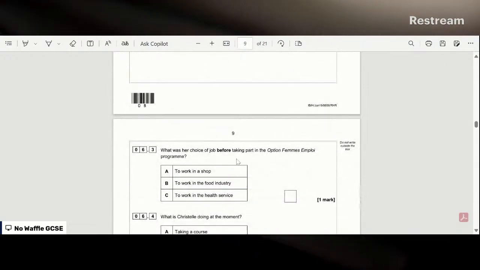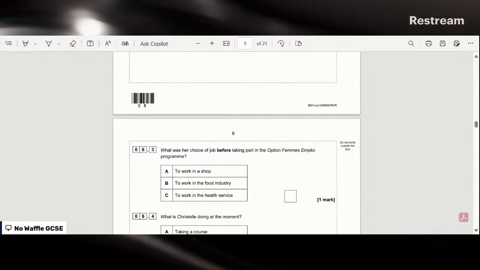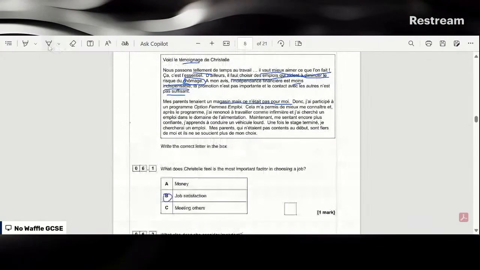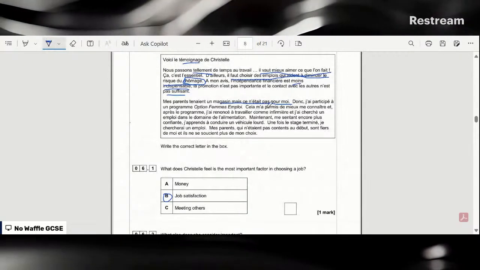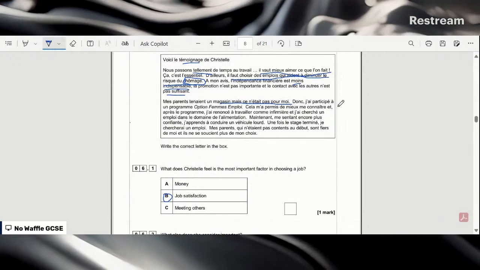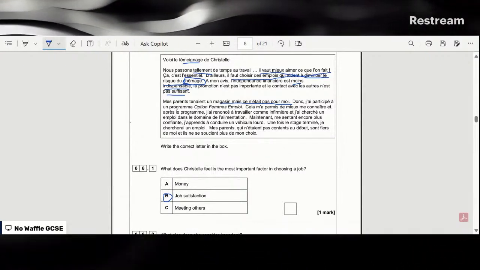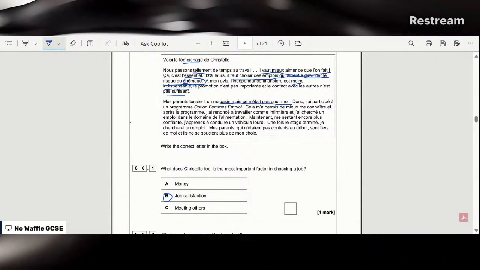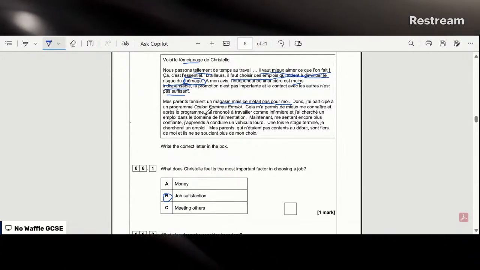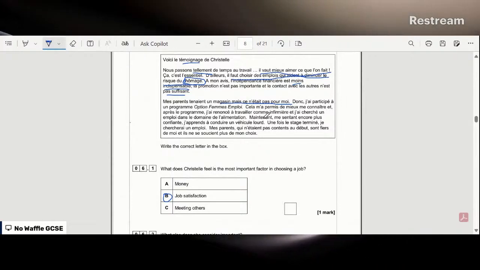So, looking back at the options, what was her choice of job before taking part in this? So was it working in a shop, working in health service, work in the food industry? Let's read a bit more because we need to be sure. So cela me permet de mieux me connaître. So it allows me to get a better knowledge, and après le programme, after the program, j'ai renoncé à travailler comme infirmier.